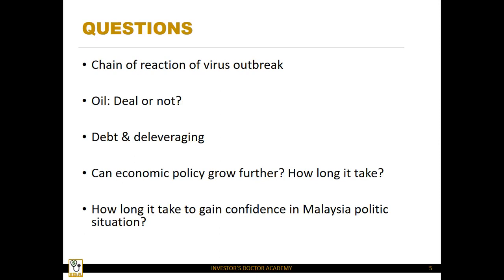But not this time, because this time people are not allowed to, mobility is constrained, and a lot of businesses closed down during the MCO. So this will be a difference why the virus has so much impact on the economy compared to the last time, the subprime crisis.